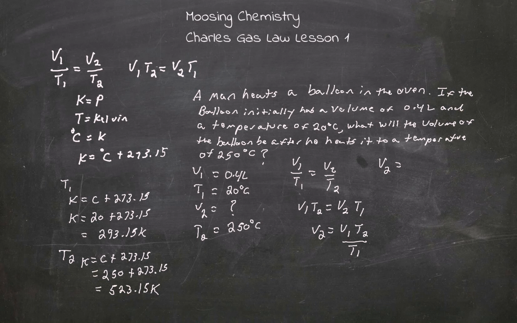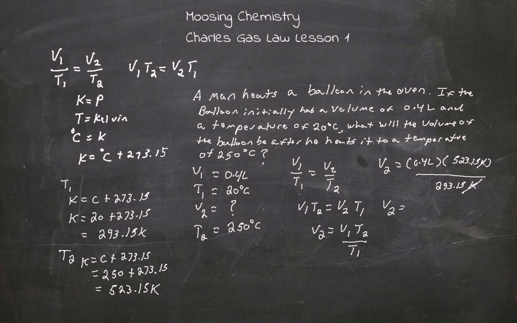V2 equals, our first volume was 0.4 liters times our temperature 2, which was 523.15 K, and then we're going to put our first temperature underneath, which would give me 293.15 K. Our K's cancel out, so let's go ahead and do our calculations.